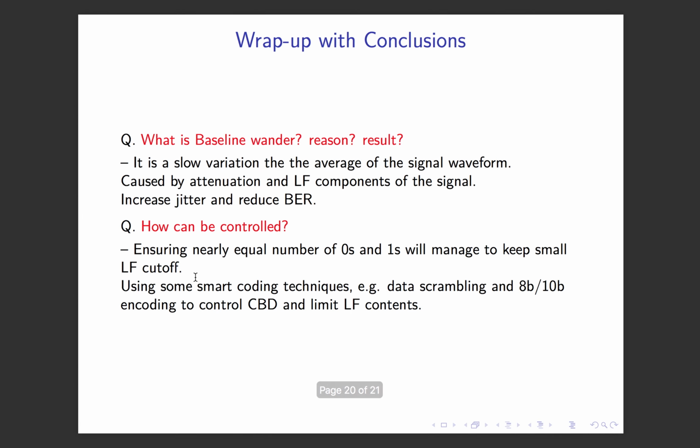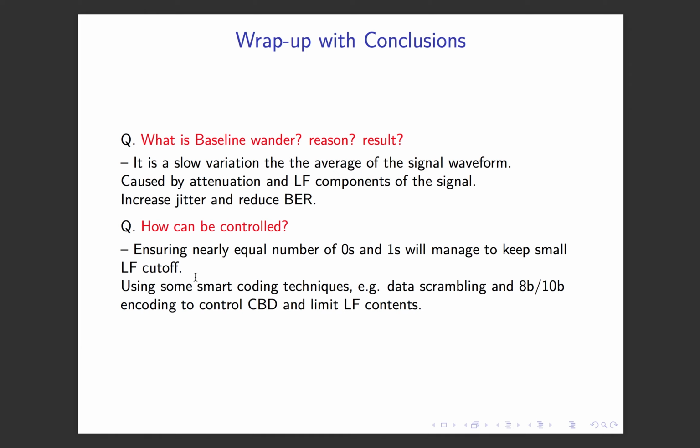So now we have come to the last end of this talk, where we will sum up the ideas or concepts we have talked about so far. If we check what baseline wander is, what the reason behind it is, and what results we can get: it's just a slow variation in the average signal waveform.